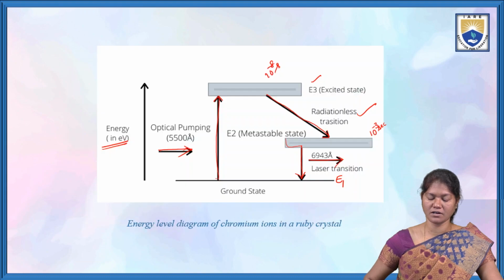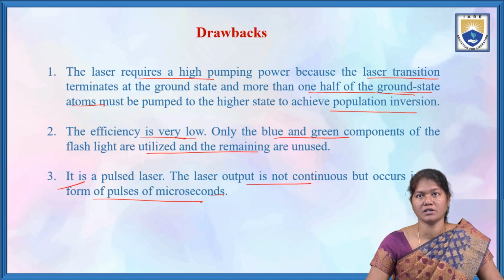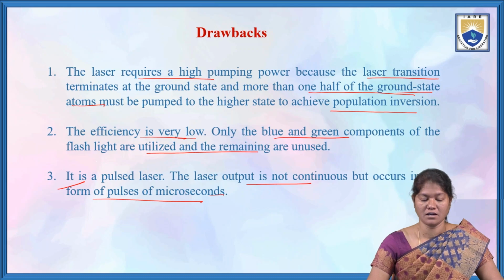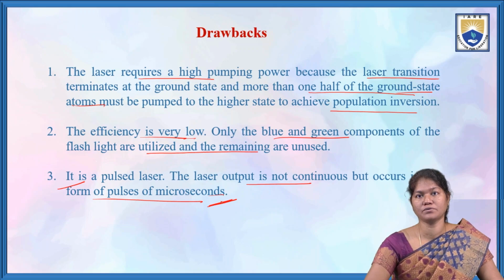As we are encountering drawbacks in this ruby crystal laser, we are going to see some more lasers, that is the helium-neon laser, the neodymium yttrium aluminium garnet laser, and semiconductor lasers.